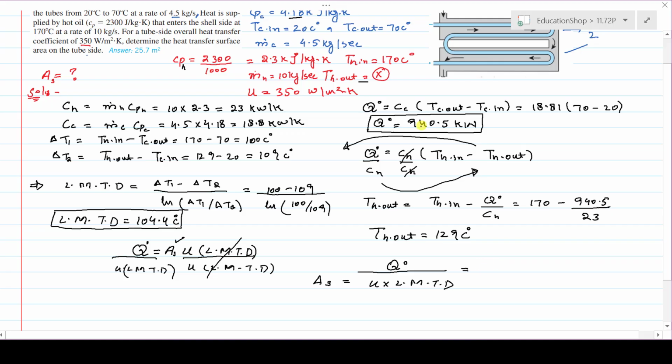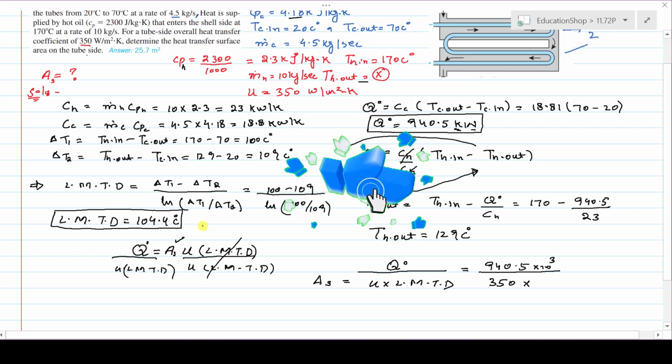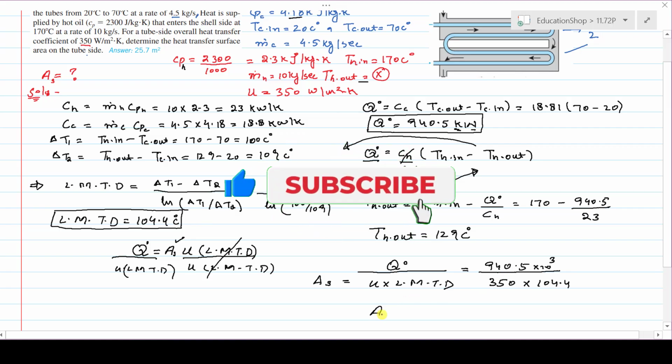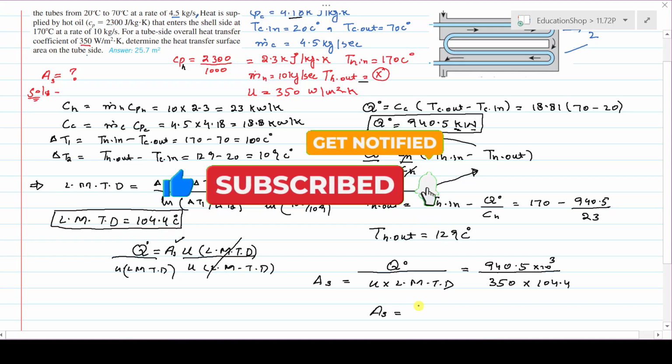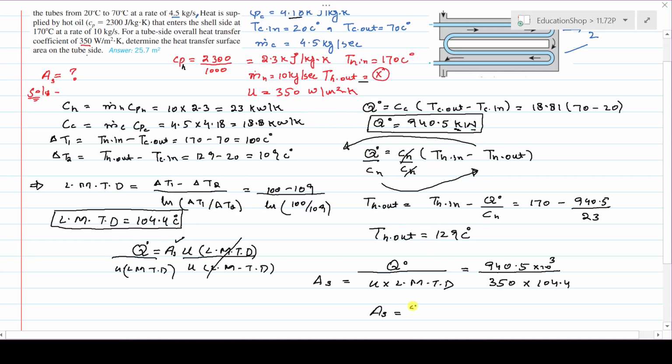Q dot is 940.5 kilowatt. This kilo means 10 to the power 3 watt, divided by the U value, 350, and LMTD, 104.4. Simply solve this on the calculator and you will obtain the surface area of the tubes of the heat exchanger, that is 25.7 meter square.